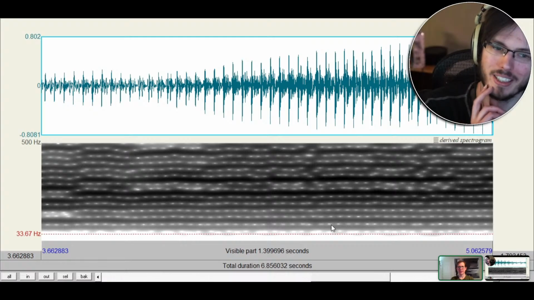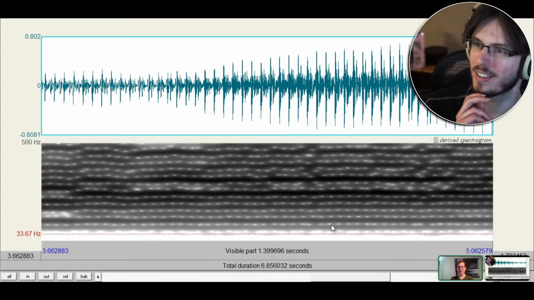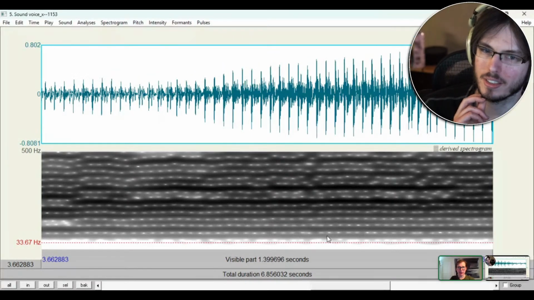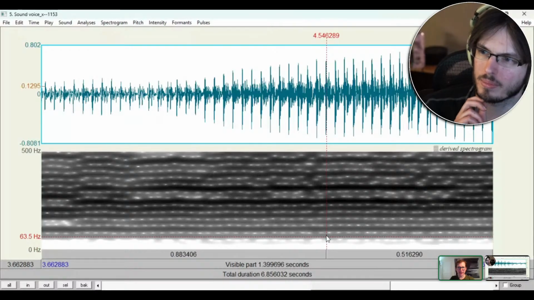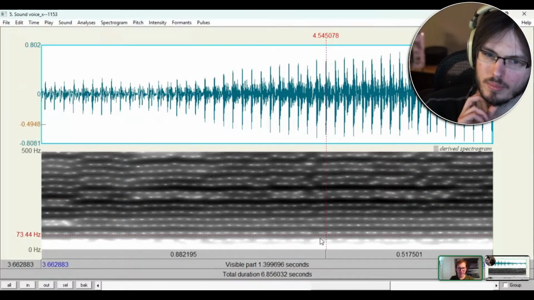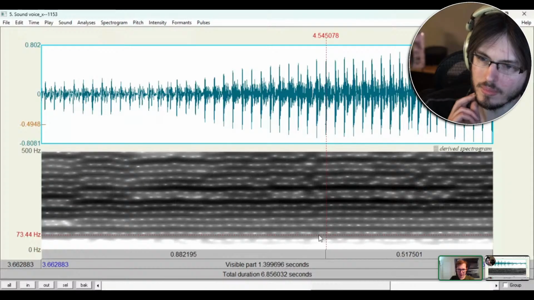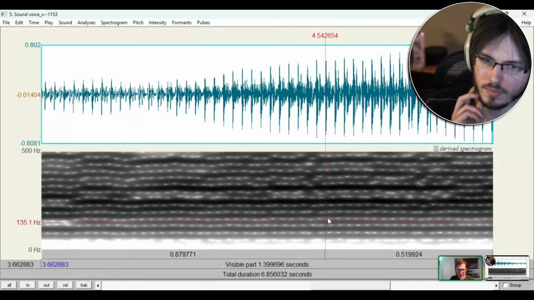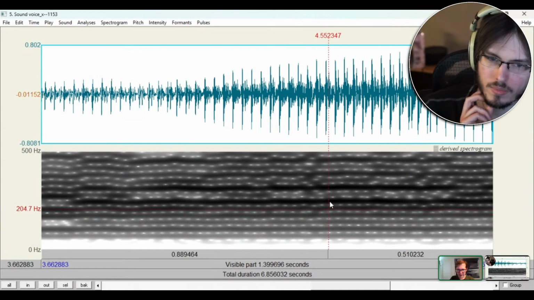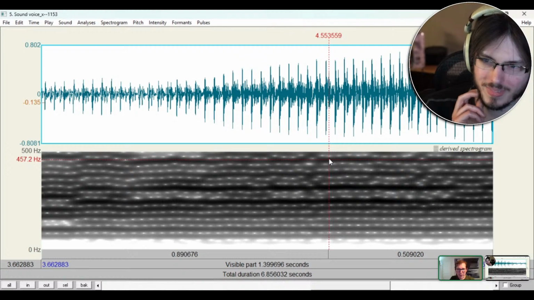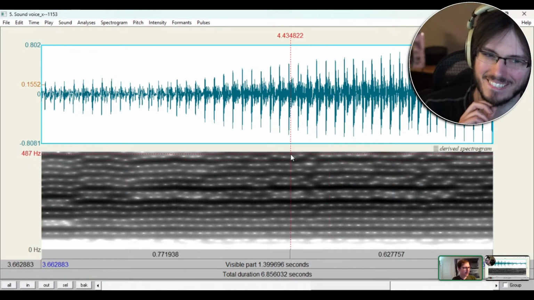It's marvelous. So we can do the same kind of analysis that we did before. We can count the harmonics in the spectrogram. We're not going to count the bottom one because it's not there. But if I do 1, 2, 3, 4, 5, 6, 7, 8, 9, 10, 11, 12, maybe an inkling of a 13 there.